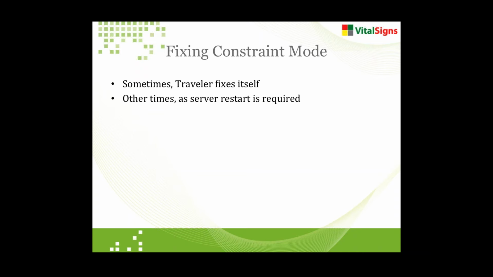Well, ideally, the Traveler server will fix itself. So if it stops taking in new requests, ultimately the threads that it has ongoing will finish, and they'll release memory, and it will come out of constraint mode on its own. Other times, server restart is required, and the only way to know that is to just periodically, once you notice that it's in constraint mode, continue to ask and see if the problem goes away.